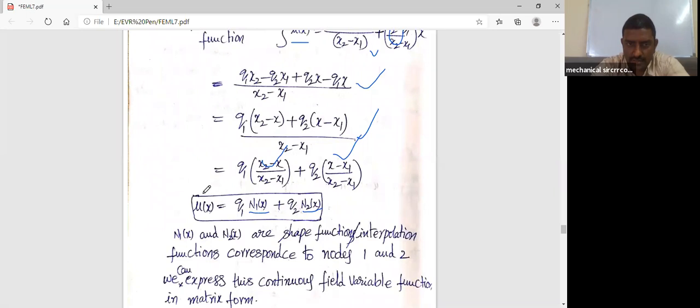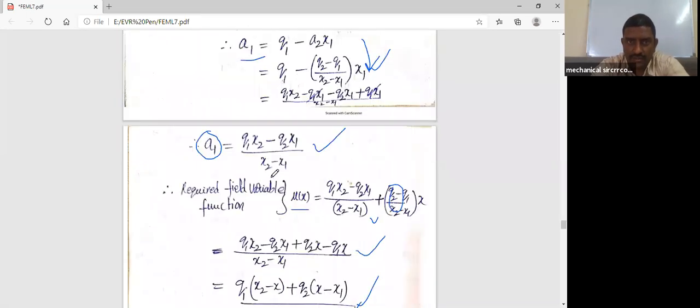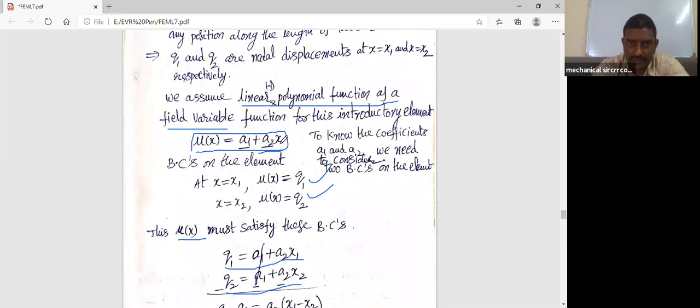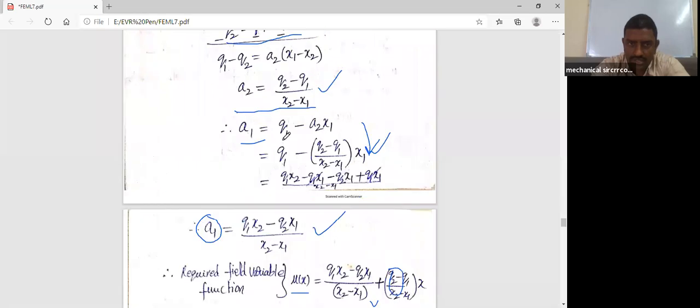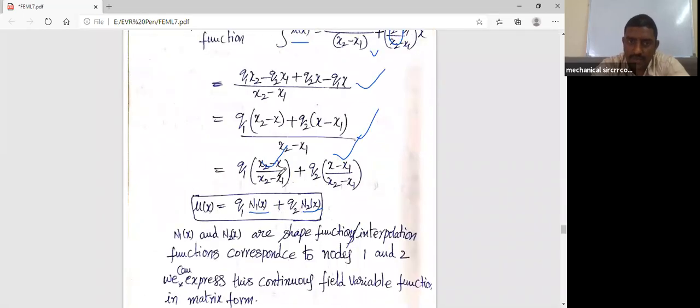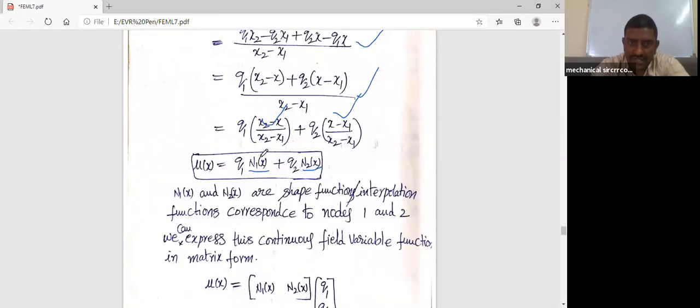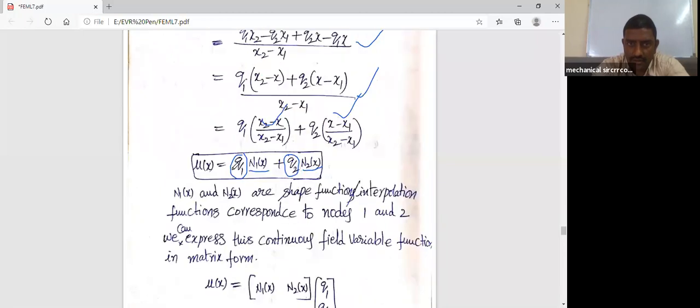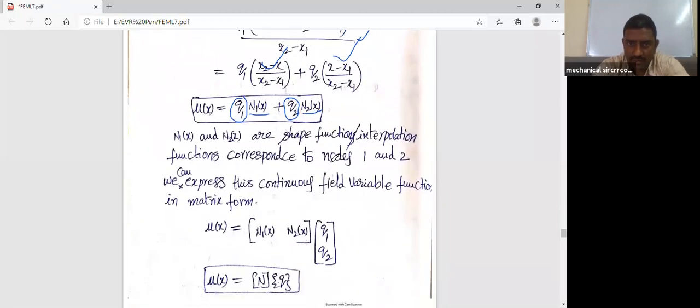Now, the displacement function u of x: initially we assumed it is a polynomial with unknown coefficients, a1 plus a2x. Now this displacement function is in terms of shape functions n1 and n2 and nodal displacements q1 and q2. If you write this equation in matrix notation, u of x is equal to the shape function matrix, which is always a row matrix, n1 of x, n2 of x, times the deformation vector, which is always a column matrix, q1, q2.